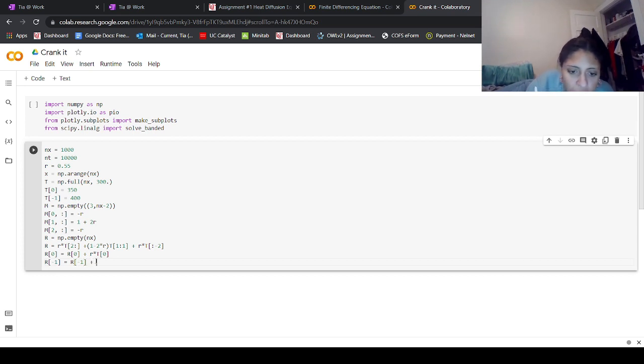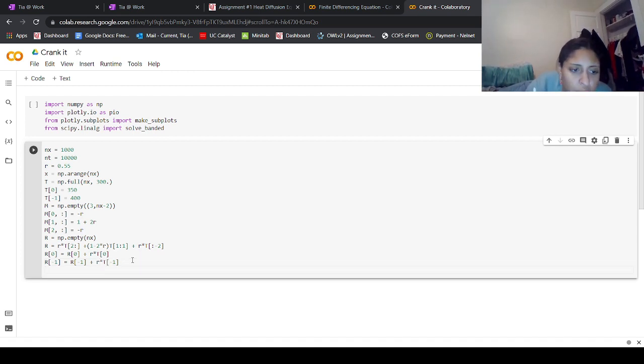So then we add r times, and then you want T to the -1. Yes, I think that's what we're doing. I don't like how I spaced that out. That's going to irritate me. So then eventually we're going to do, okay, so we want a figure, and so when we do figures, we make, and then I think underscore subplots.